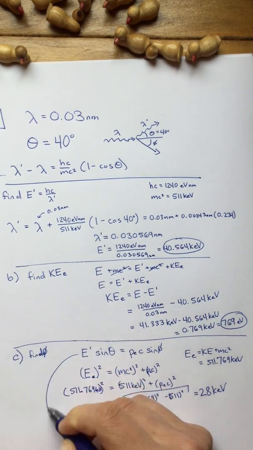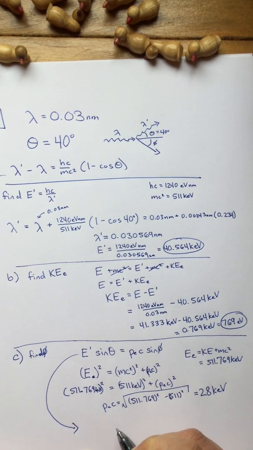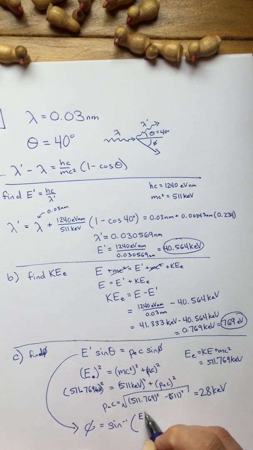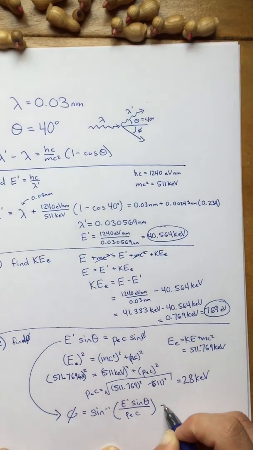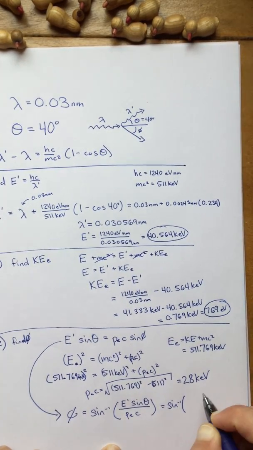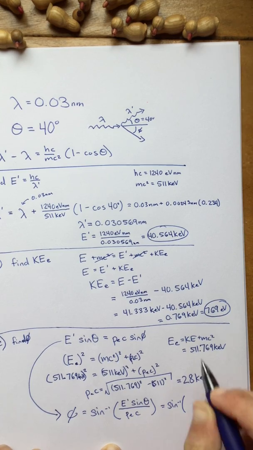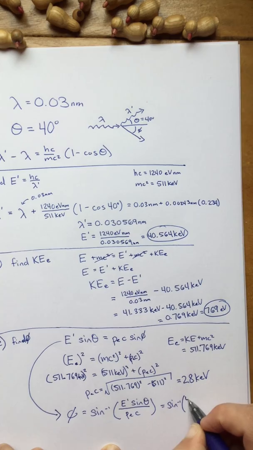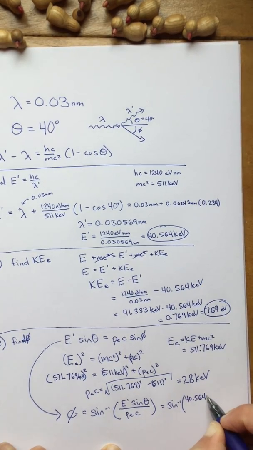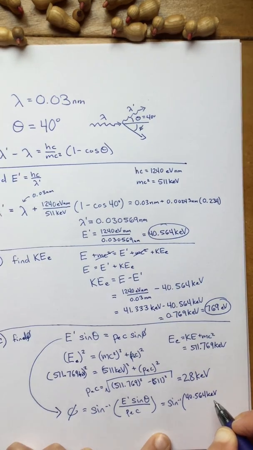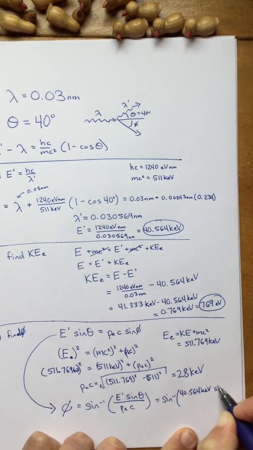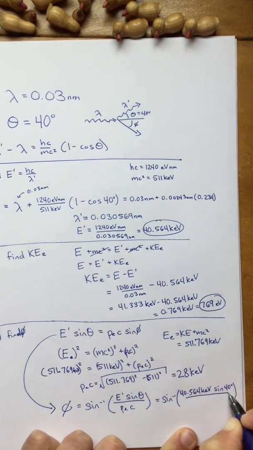Now we can go back to the equation that we have here, and let's say phi is equal to the inverse sine of E prime times sine theta divided by pc, and that is the inverse sine of E prime, which is 40.564 kilo electron volts, times sine theta, theta is 40 degrees, divided by pc, which I just found to be 28 kilo electron volts.